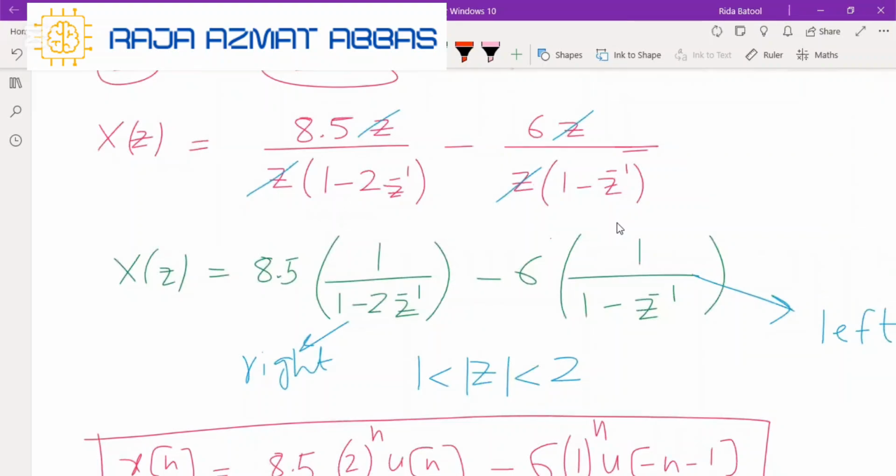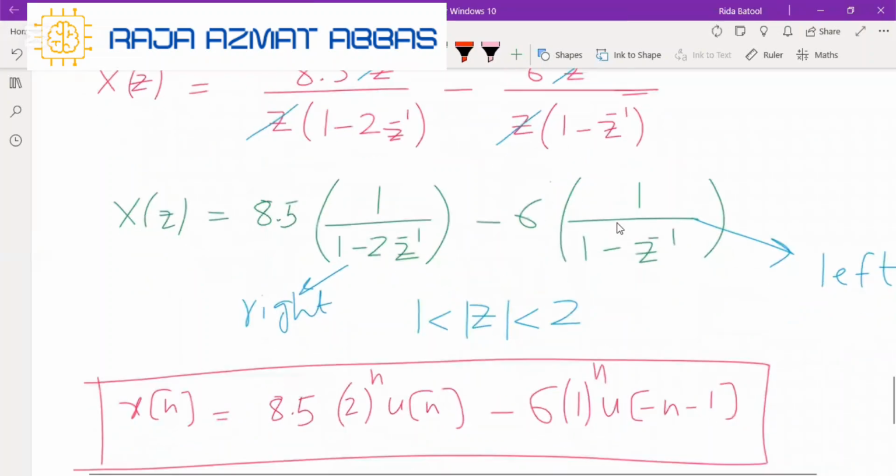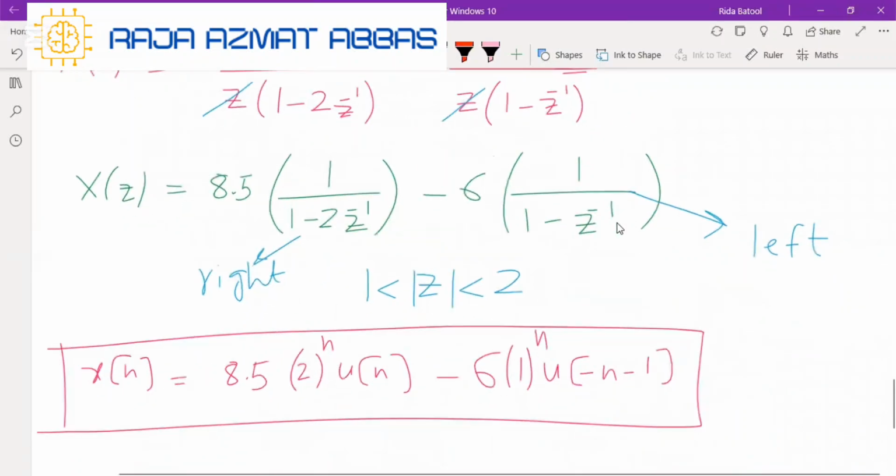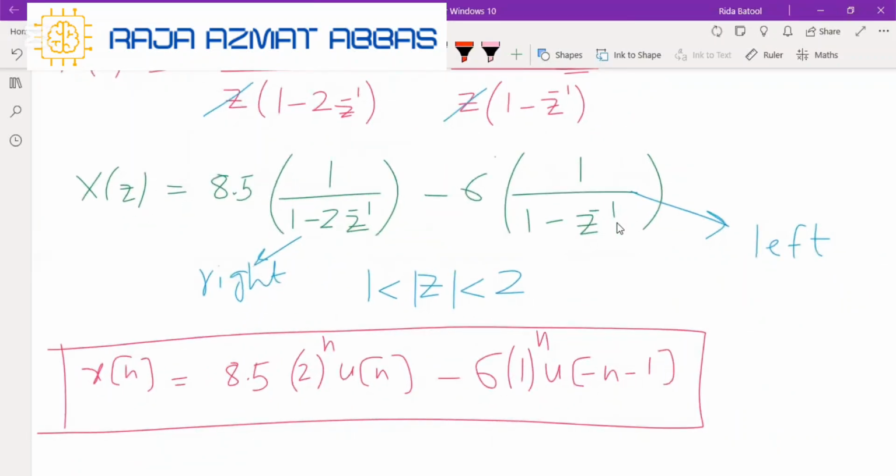We have to rearrange the denominator so that it looks like the standard form, which is 1 over 1 minus A Z inverse. Then you have to figure out the ROC, because it looks like a two-sided signal, and it will be given. Obviously, it will be given in the question whether the signal is right-sided, left-sided, or both-sided.